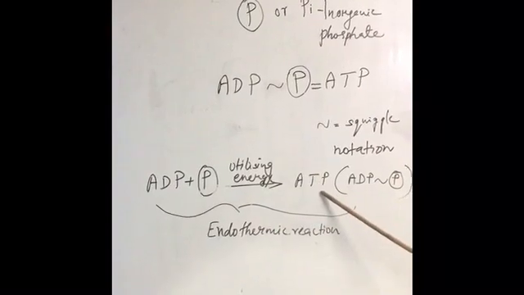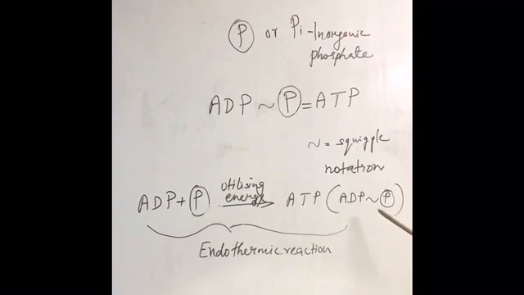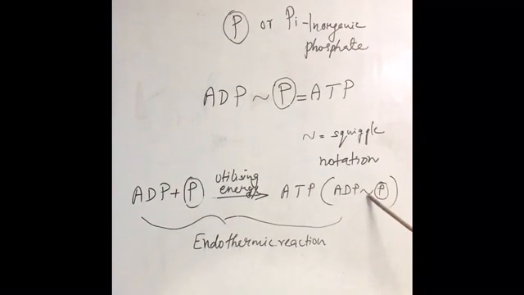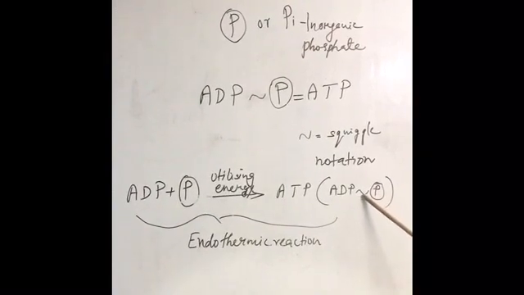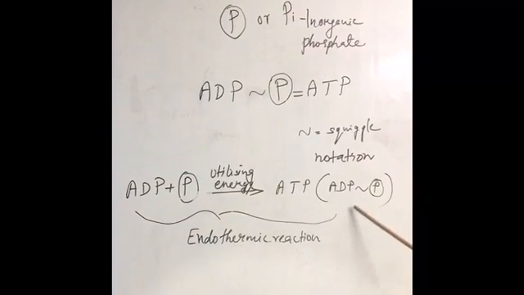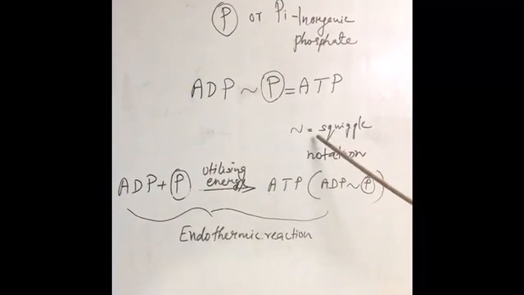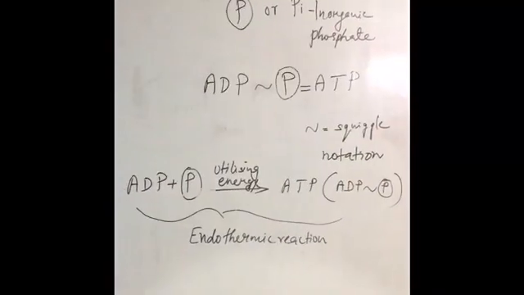Now in ATP you can see ADP forms a high energy phosphate bond or linkage. This linkage is denoted by a sign like this, a notation like this. This is known as swiggle.